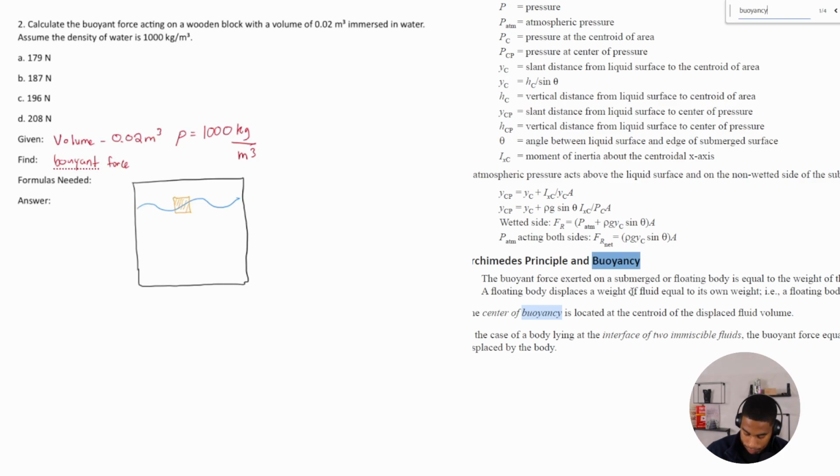So we have whatever this is, pulling down. And we got gravity. And we probably got the mass.